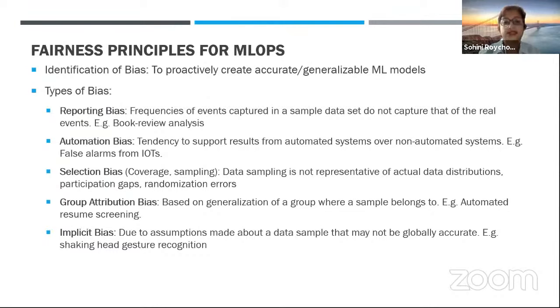Then there is selection bias. Selection bias is built off the data that you have sampled and are using to create your machine learning models. Sometimes the data sample you have acquired has gaps. It does not represent by any means the real situation you are trying to project. For instance, insurance is a great use case in the US. Let's say you're trying to figure out how much premium people in a particular area should be paying, and the data you're using is income and how many times people have gone to the hospital.